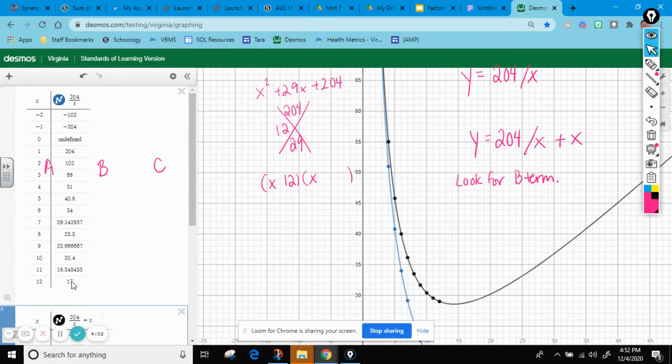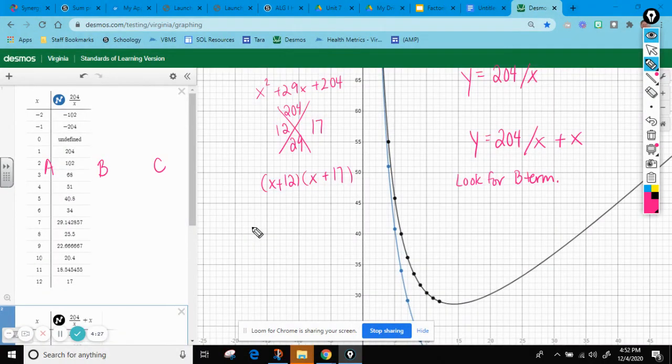And the y value is 17. So now I know I have my two numbers. And now I have to decide if this is going to be plus or minus here. Well, if I want them to have a sum of 29, I'm definitely going to have to add them. Okay, and then you could check on a calculator to make sure that you're right, but that is how you use Desmos. Maybe we should do one that's not such weird numbers.